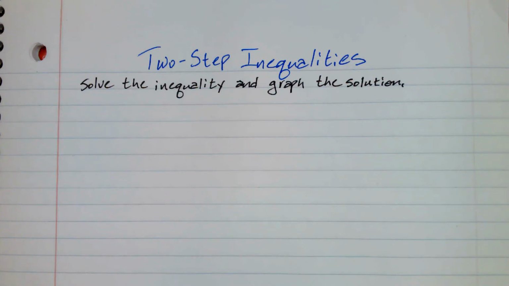There's an infinite number of answers. How can you show an infinite number of answers? One way is with a number line graph. Next year, in Algebra 1, we're going to show you other ways of showing an infinite number of answers. Okay, but let's get started.